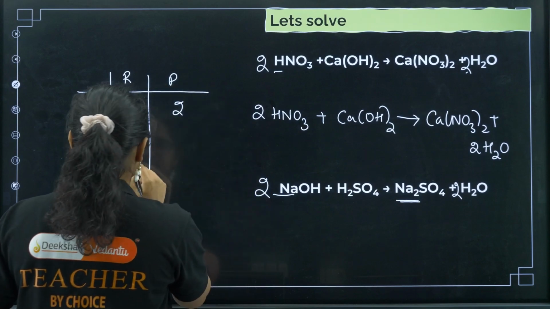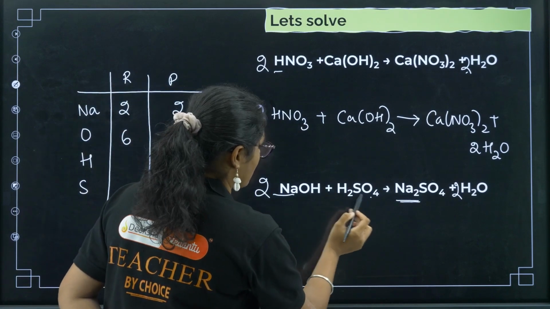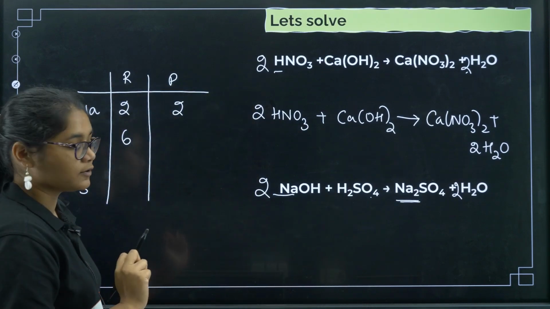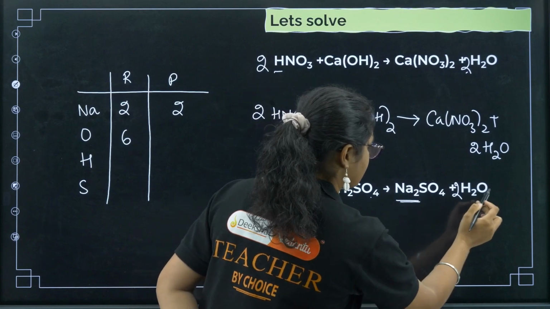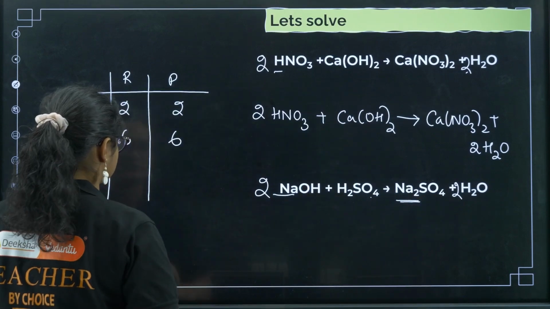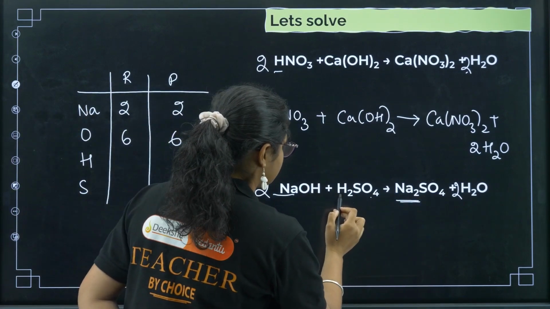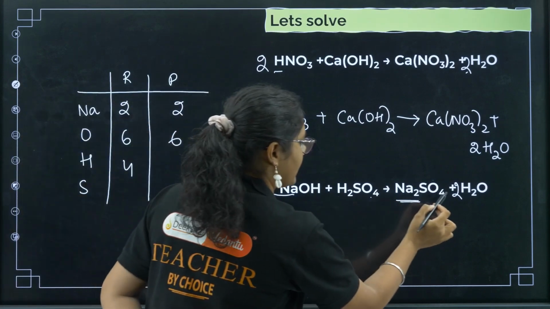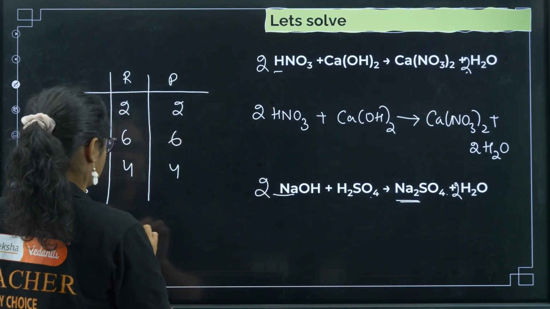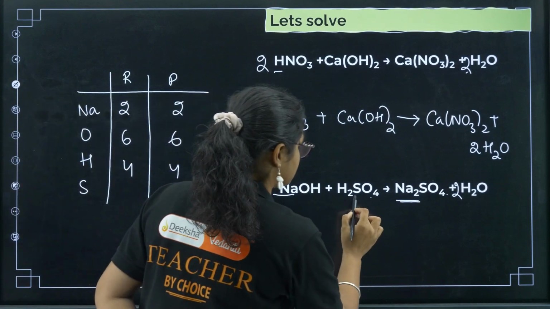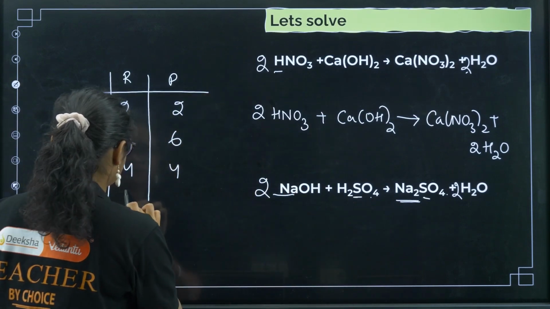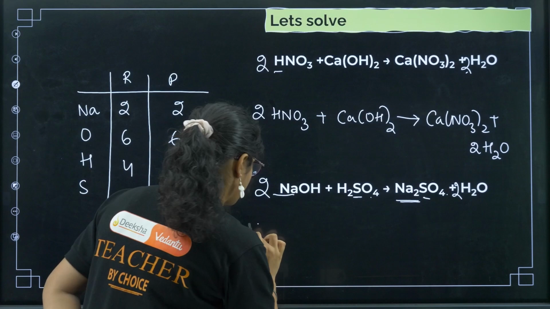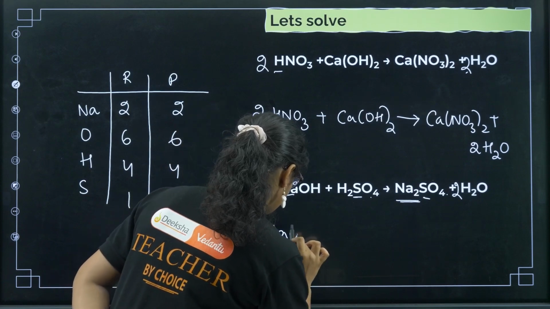Now I check, here I have 4 oxygen and 2 oxygen, so total 6 oxygen, and here I have 4 and I multiplied, so now this also is 6 oxygen. Hydrogen, we have 2 here and 2 here, so I have total 4 hydrogen here, and now this was also 4 hydrogen. Now sulfate, here 1 sulfur and here 1 sulfur. So yes, the reaction is balanced now.